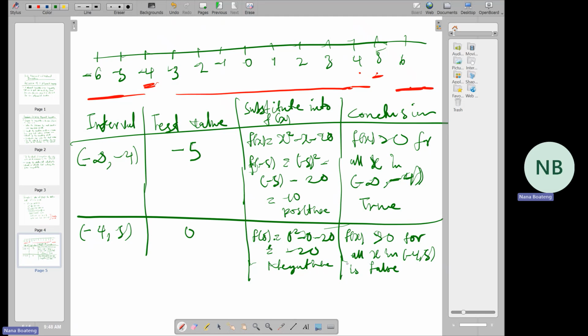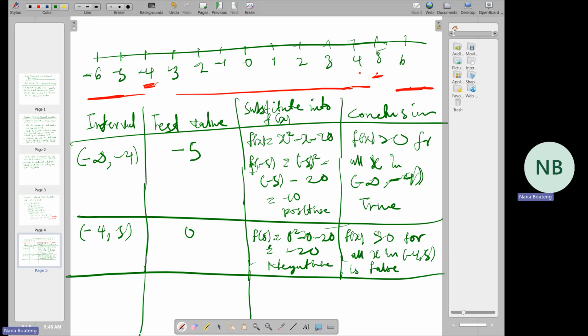F of 0 is a negative number, so we are not getting f of x to be greater than 0. So the statement is false in this interval, which means this interval will not be part of our solution because our inequality is false in this interval.